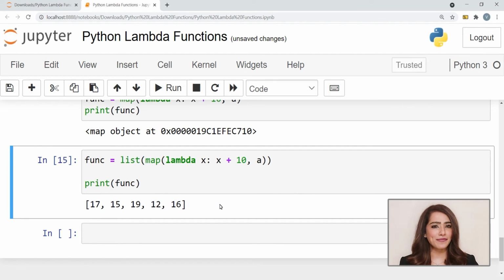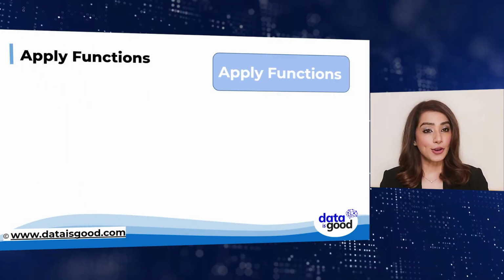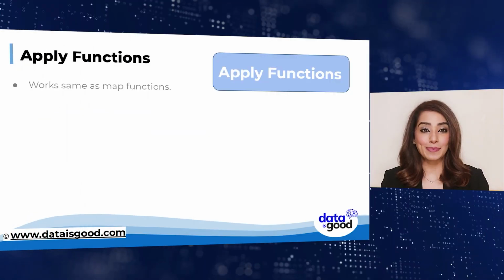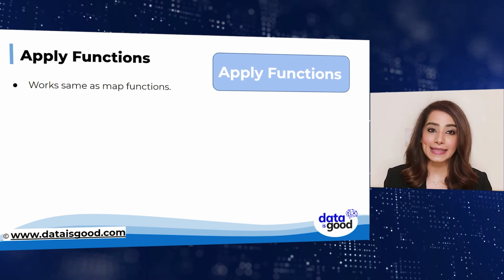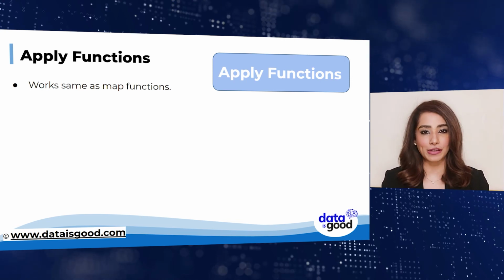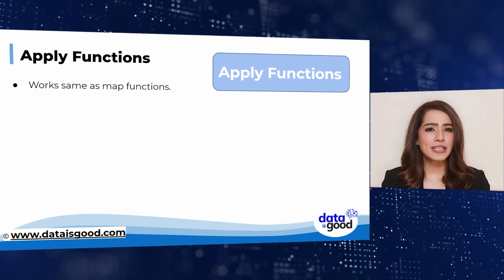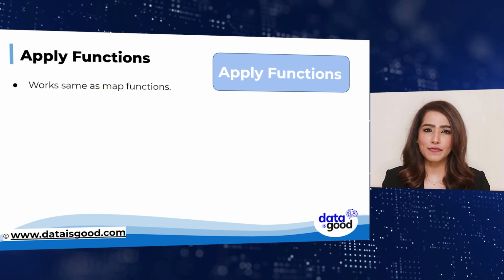But now it's time for us to learn how to use the lambda expressions with the apply function. The apply function works exactly the same as the map function. But then, what is the difference between these 2 functions, apply and map?